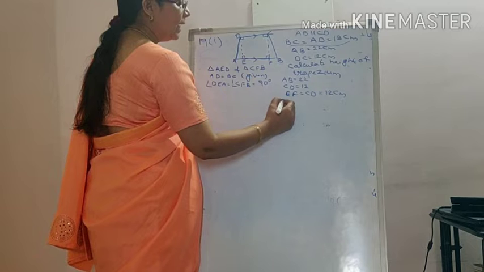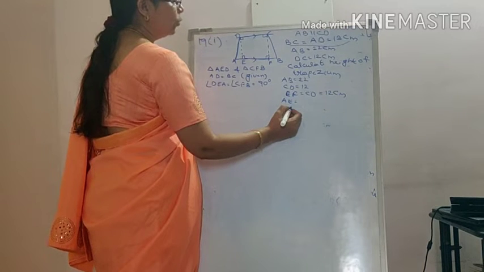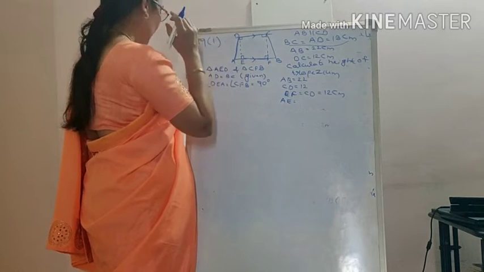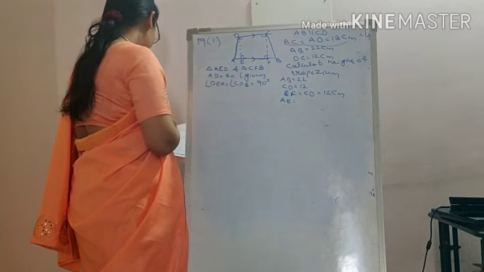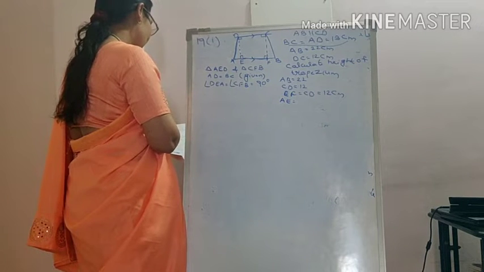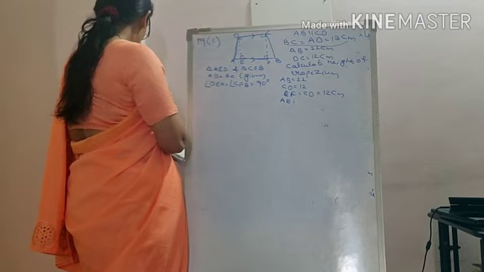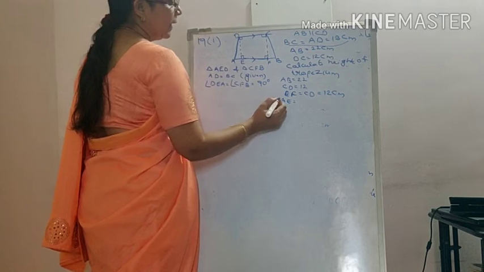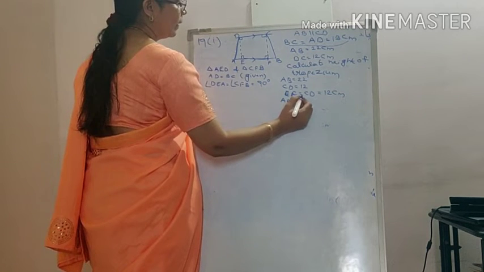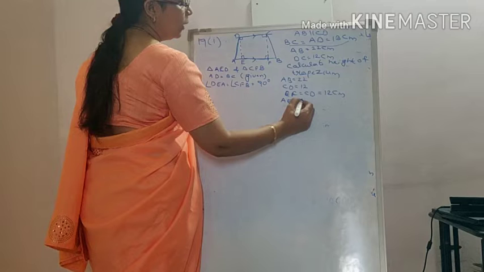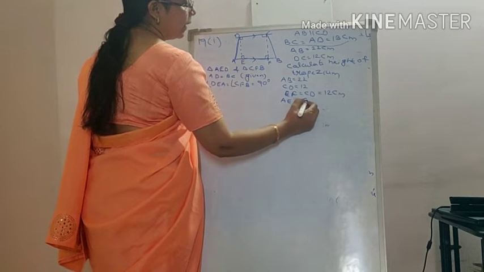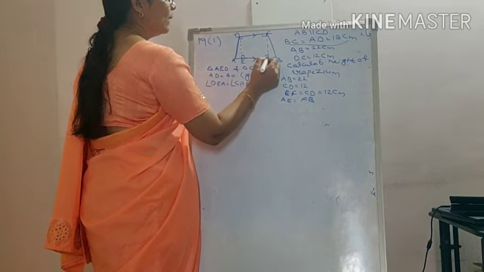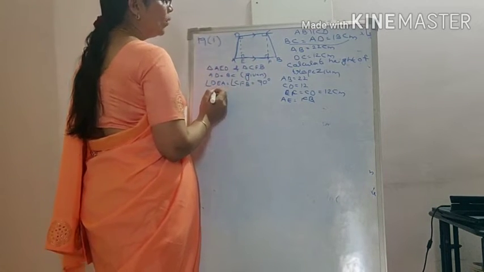From that we can calculate that AE is equal to FB, because this is 22 and this is being divided, so we can say AE is equal to FB.